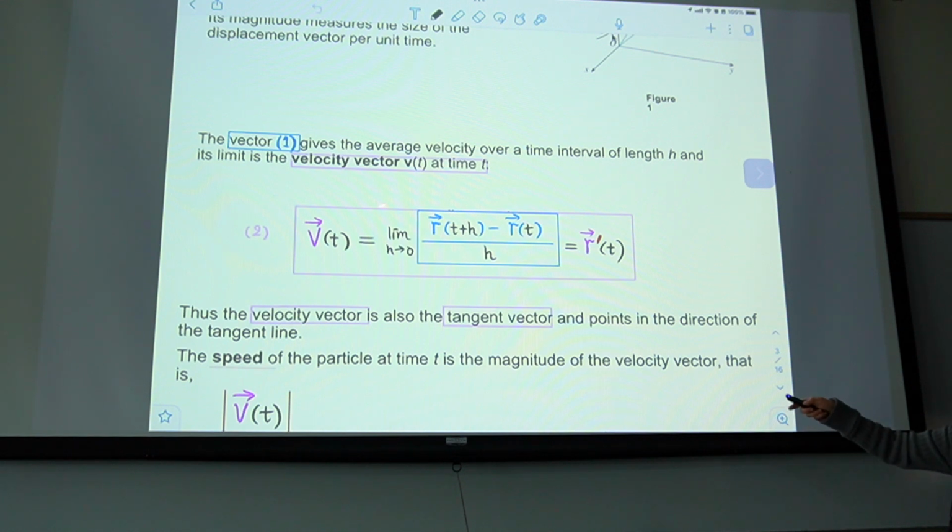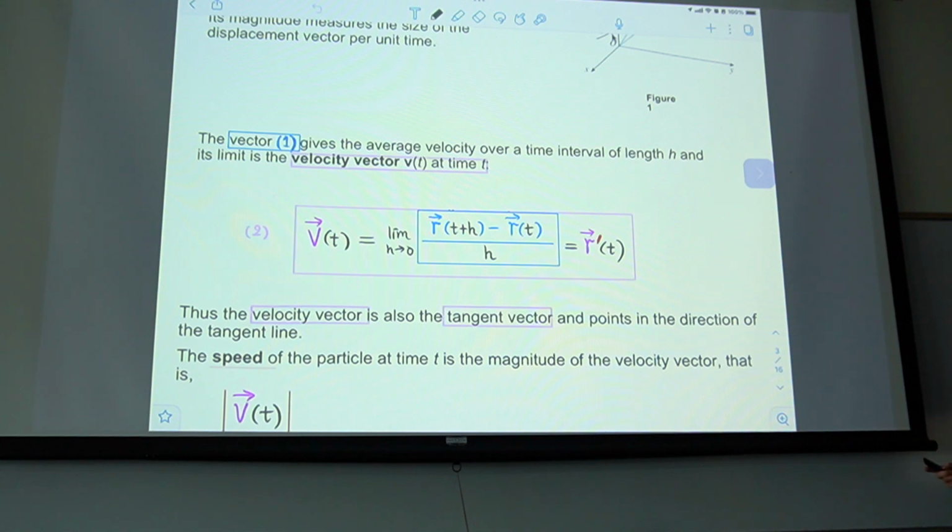So that's the average velocity. And we take the limit of this average velocity as h approaches zero, making this time interval smaller and smaller, and that is equal to the instantaneous velocity at that time.